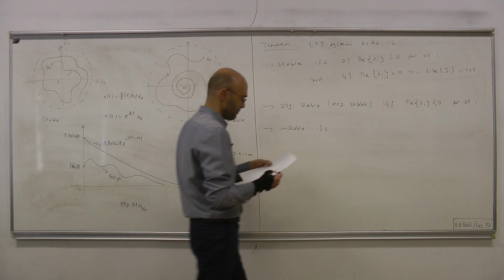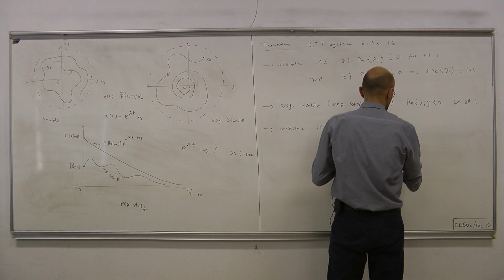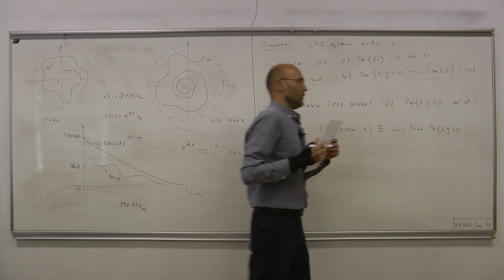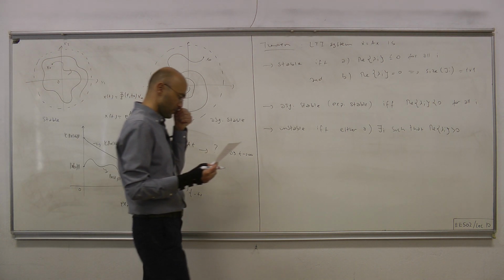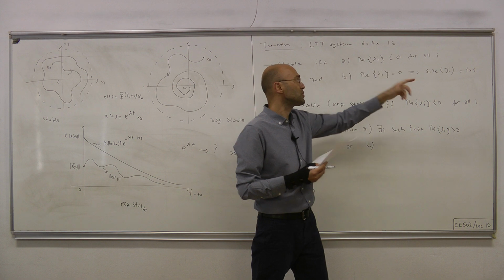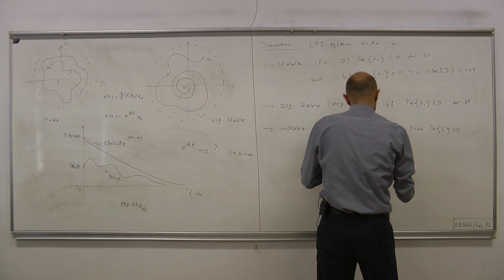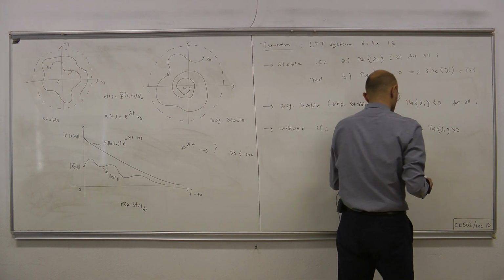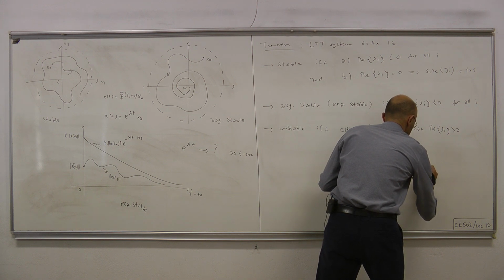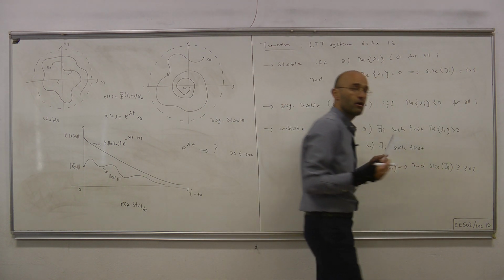An LTI system is unstable if either there exists an index such that we have an eigenvalue with positive real part, or we have an eigenvalue on the imaginary axis whose Jordan block is size 2 by 2 or larger, or there exists an index such that the eigenvalue is on the imaginary axis and the size of the corresponding Jordan block is 2 by 2 or 3 by 3 or 4 by 4.